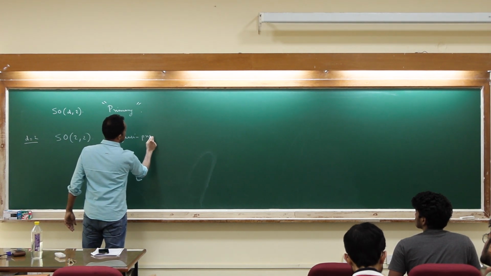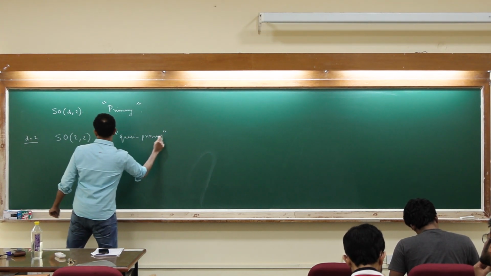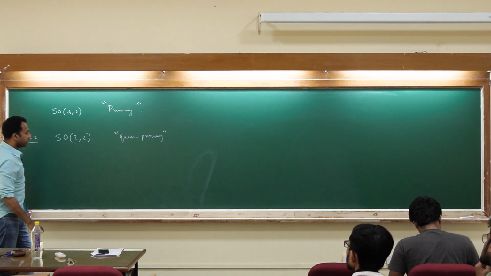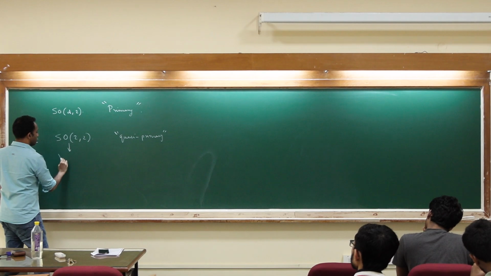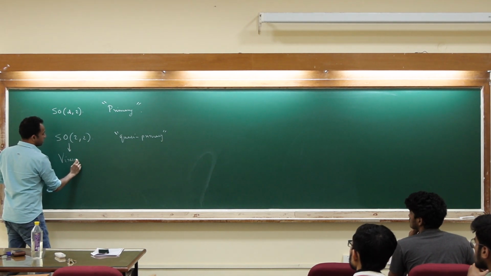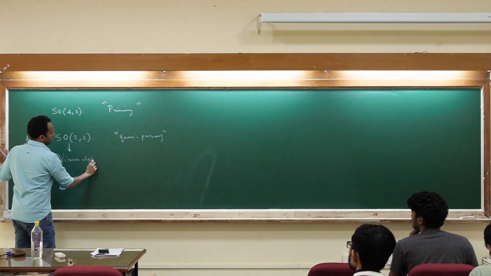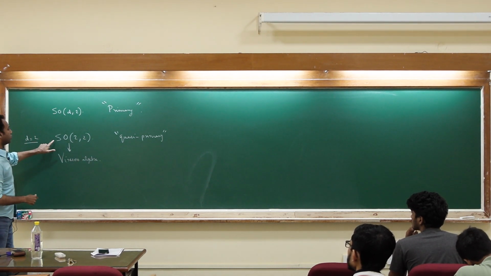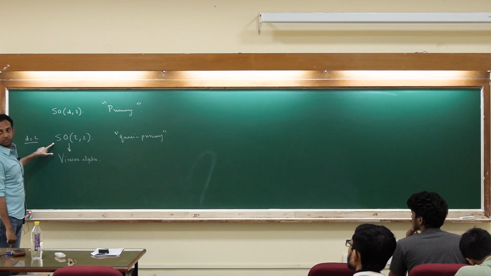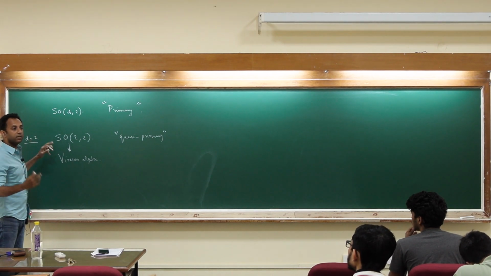The reason is that in D equal to 2, the full local conformal group enhances to a bigger algebra called the Virasoro algebra. SO(2,2) is not the full algebra; it is sometimes called the global part of the conformal algebra, and the other is called the full or local conformal algebra.